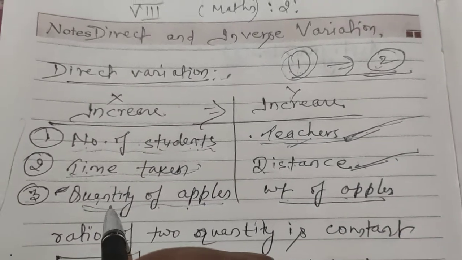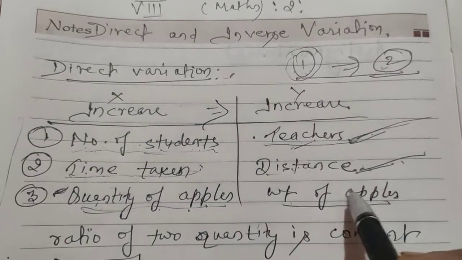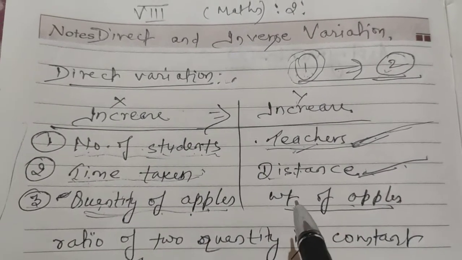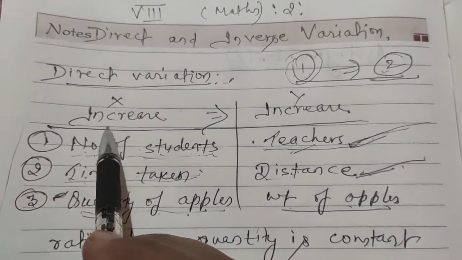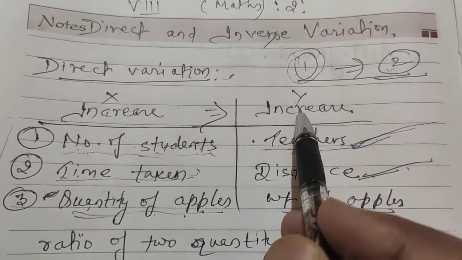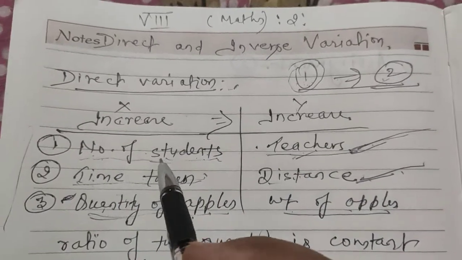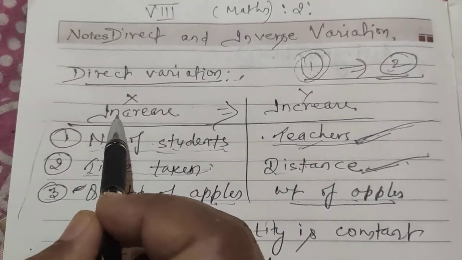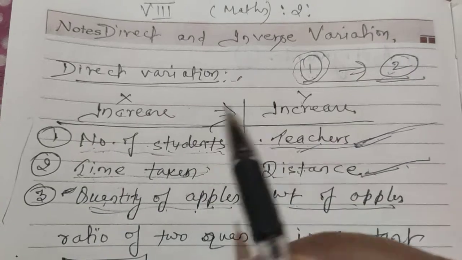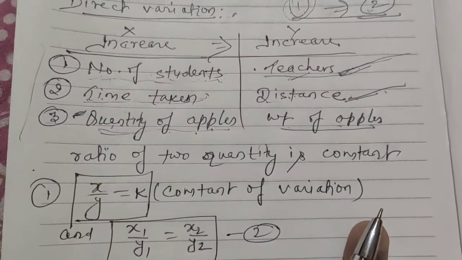And if the quantity of apples is less, then the weight of apples will also decrease. Therefore, if the first increases, then the second also increases, then we say that they are in direct variation. Or if the first decreases, then the second also decreases, then also they are said to be in direct variation.